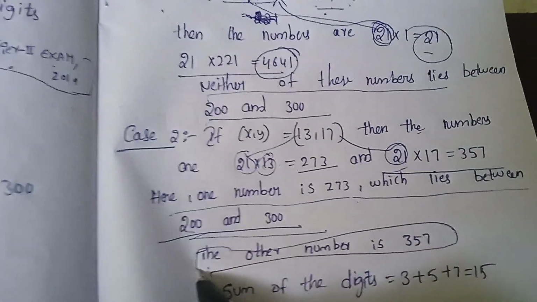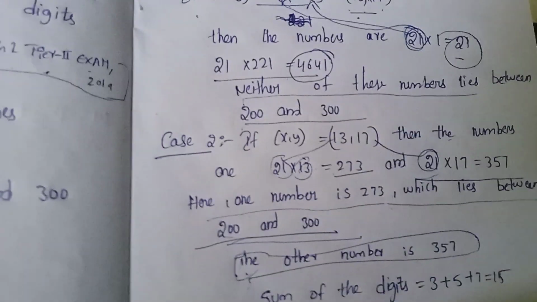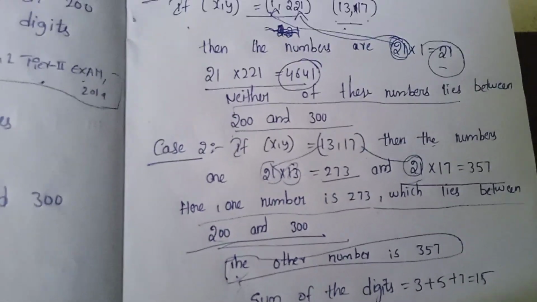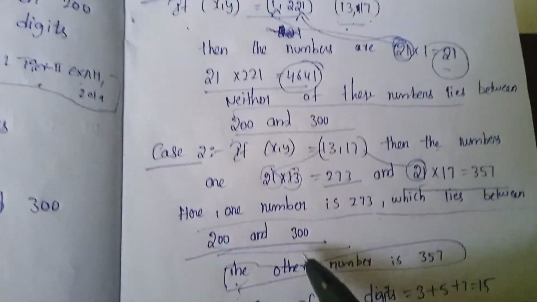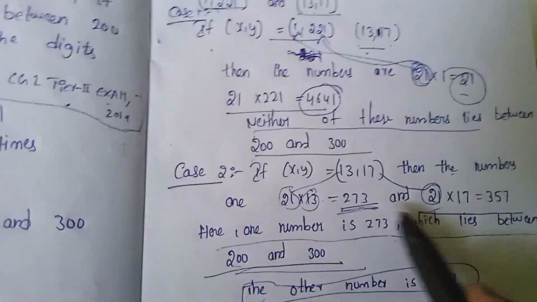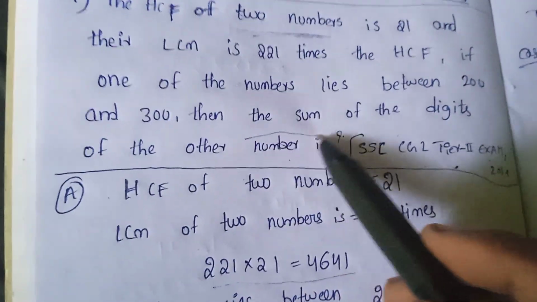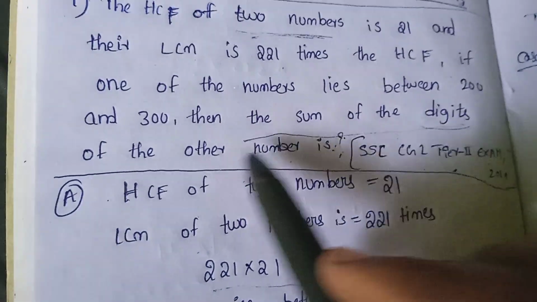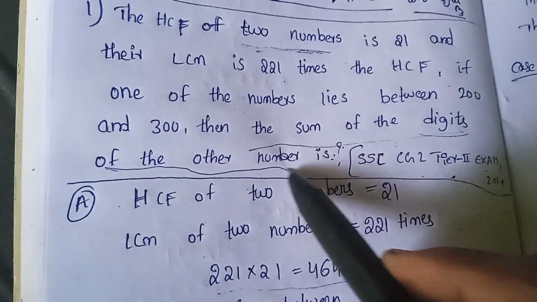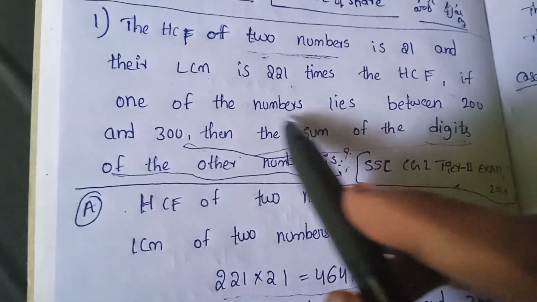A person who observes the question carefully will know what the answer is. We think 273 is the answer, but when we observe the question carefully, it asks for the sum of the digits of the other number.